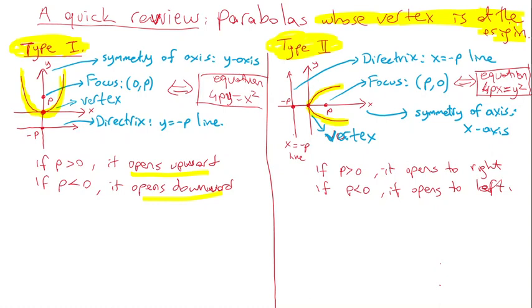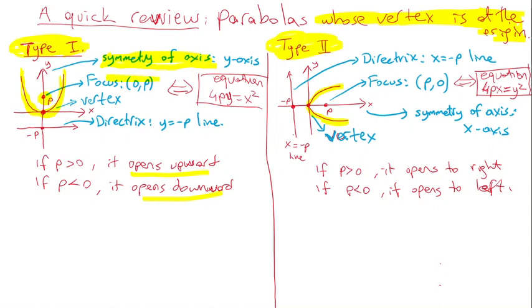Before coming to the cases, I want to talk about the important terms here. The axis of symmetry for this parabola is the y-axis, because there is symmetry with respect to the y-axis. And we have two important things here. One of them is the focus. The focus is on the y-axis, at (0, p).